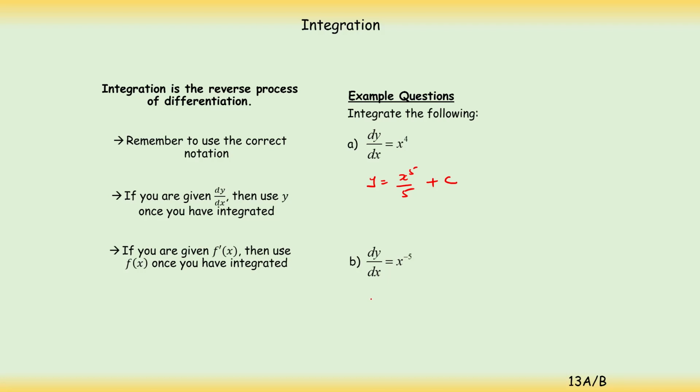And here, again, dy by dx is equal to x to the power of minus 5. So y is going to be equal to, we increase the power by 1. So we're adding 1. So that takes us to x to the power of minus 4. And then we divide by minus 4. So minus x to the power of minus 4 over 4 plus our constant term. Okay. Hit pause, copy the 2 examples down. When you're ready, hit play and we'll look at another example.